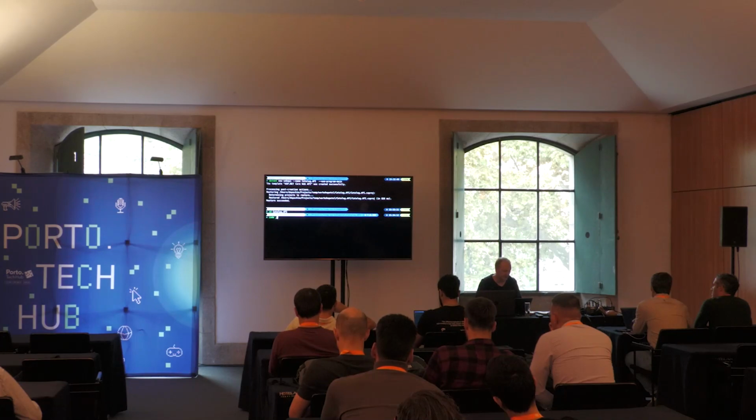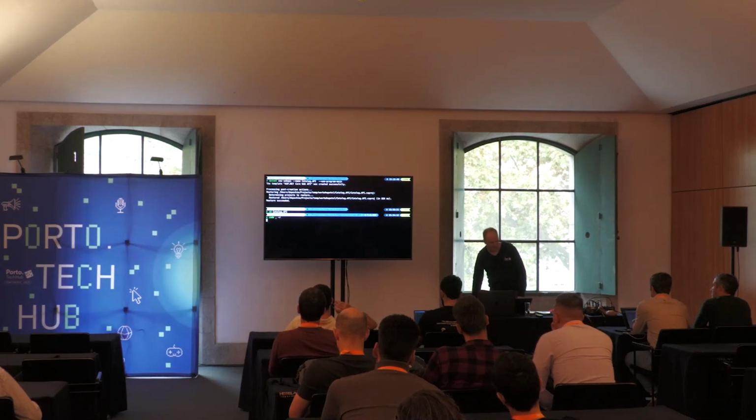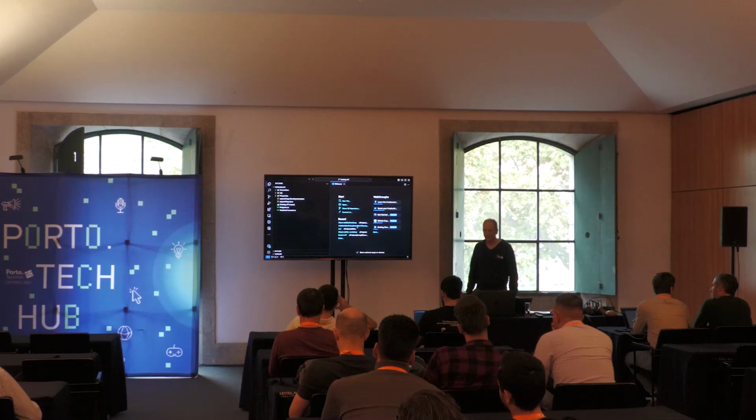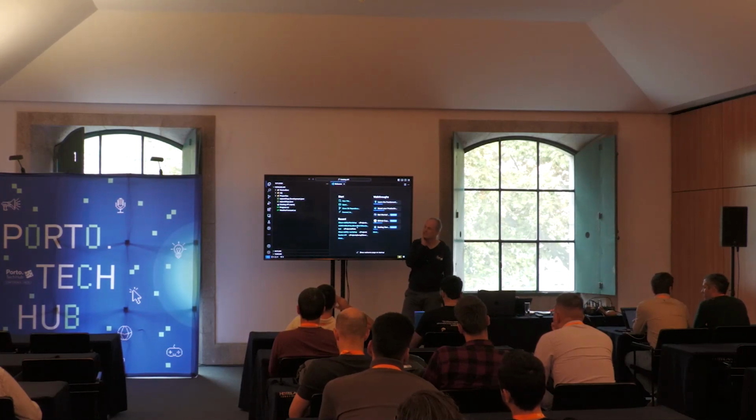But you can just press code dot, the minus R is not needed, but just code space dot, and it will open Visual Studio Code with the folder in place. So that's very easy.